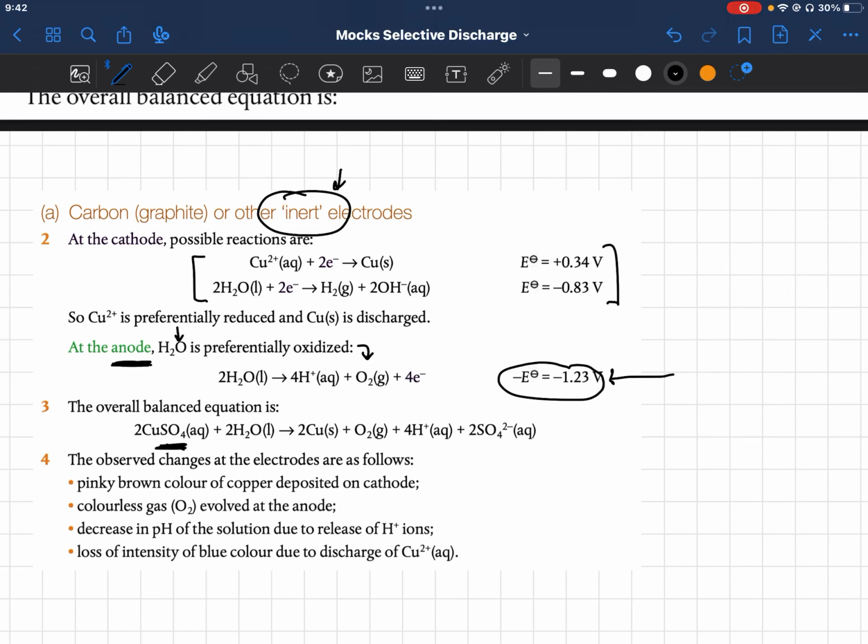So it might be a good idea at least to have a sense of which ions are further apart from each other in the standard electrode potential table, data section 24. So copper and water are pretty far away from each other. You notice these are pretty different, and copper is way more positive here, so it's more likely to be reduced at the cathode.